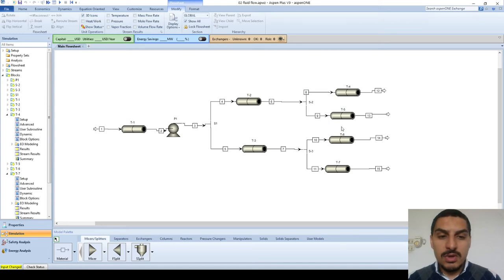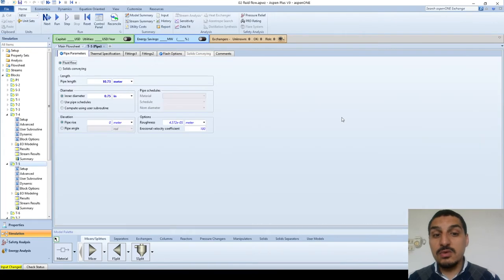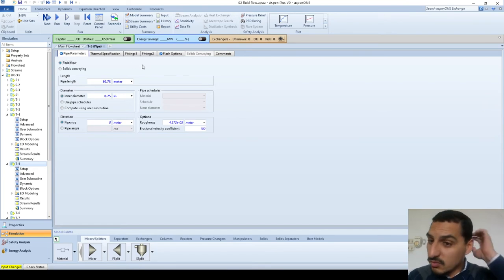So what I'm going to do is take one of these pipes and see where these fittings, or the sources of minor losses, can be entered into the software. So here, if we check what we can put as inputs, this is something that we have already checked before.